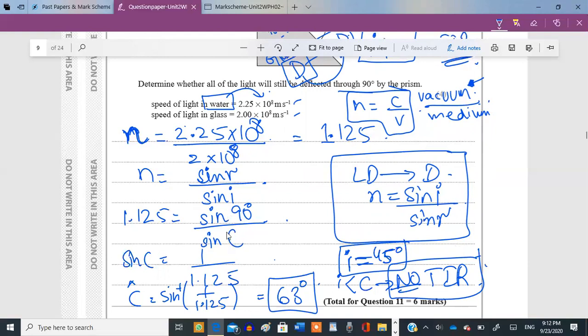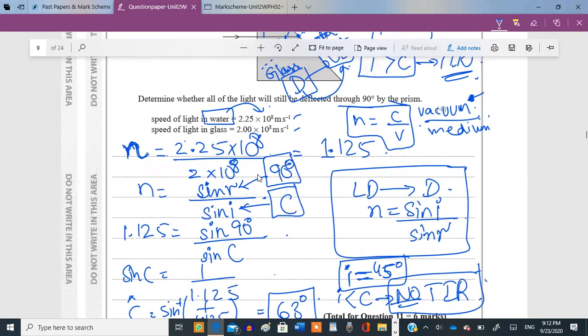The refracted angle for the critical angle is always 90 degrees. Critical angle is the angle of incidence, and the refracted angle for that critical angle is 90. You know this from theory, right?